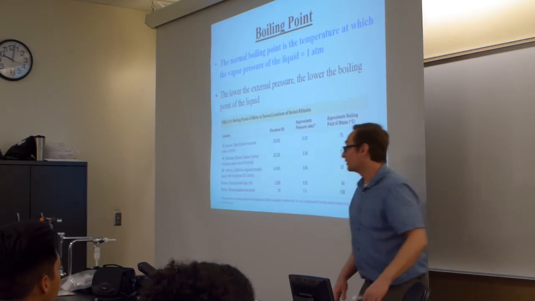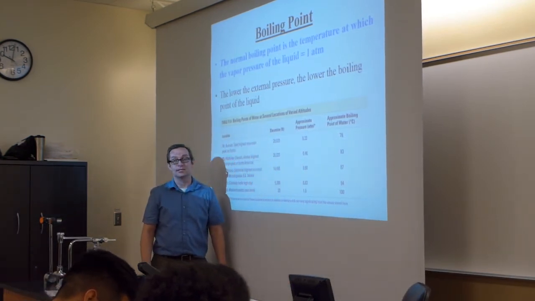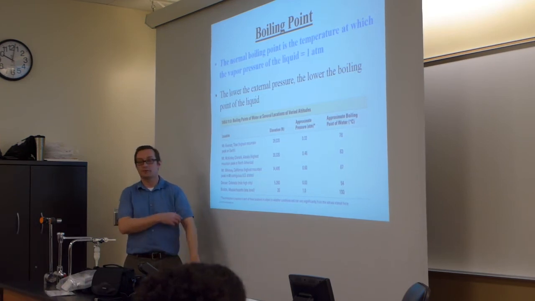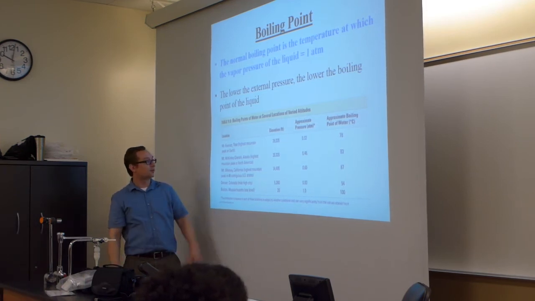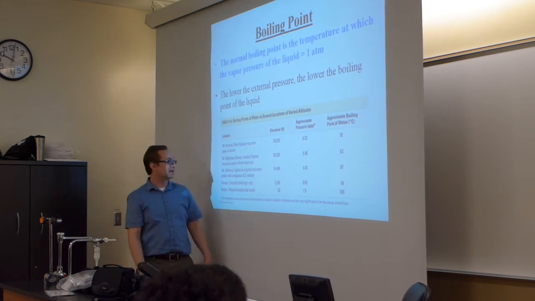Okay, so for example, will it take you longer to cook a pot roast up in Denver, Colorado, or will it take you longer down here in LA, Orange County? Or Mount Everest? Anyone want to cook a pot roast at 29,000 feet above sea level? That'd be a new one.